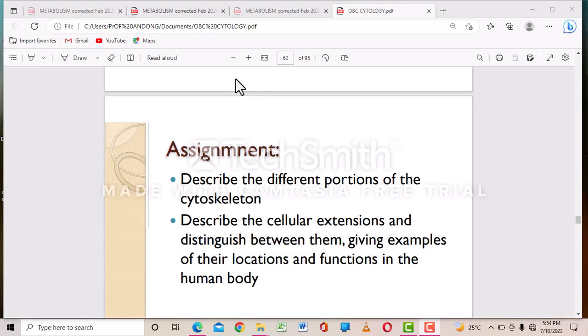In flagella and cilia, we have a single pair of unfused microtubules surrounded by 9 duplets of microtubules.